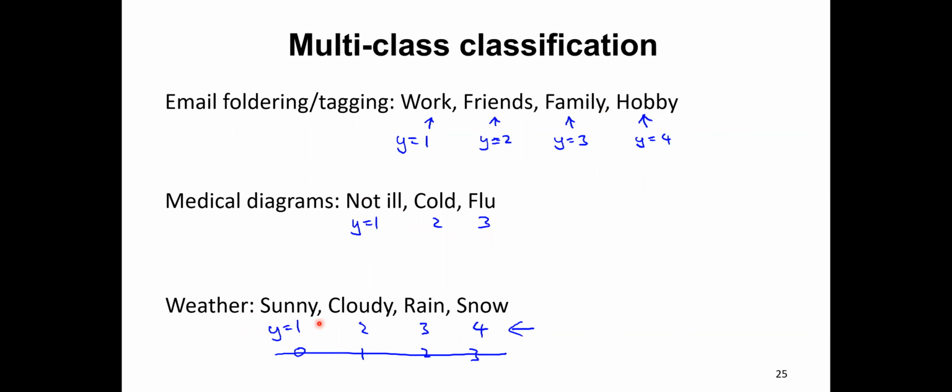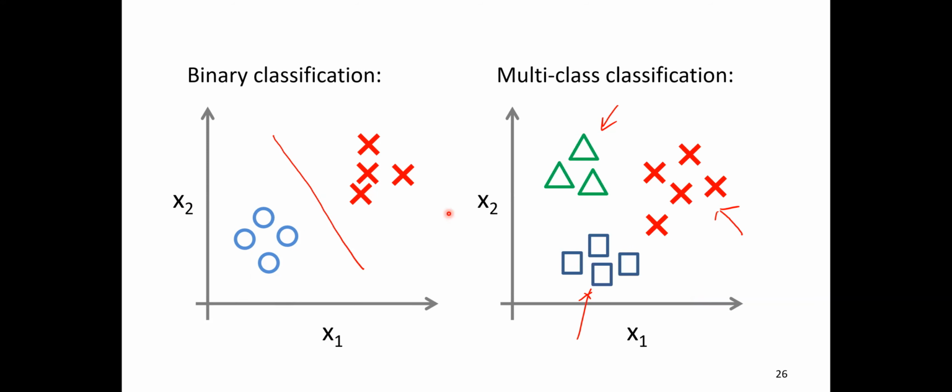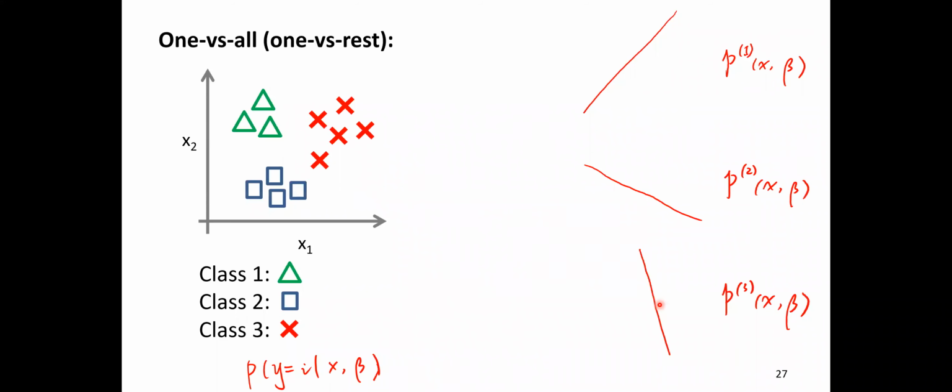For weather, you have sunny, cloudy, rain, snow, so 4 categories. In binary classification, you have X and Y and you want to classify into 2 categories. But in multi-class classification, you have X1 and X2 and you want to classify into 3 categories. So how do we do that?